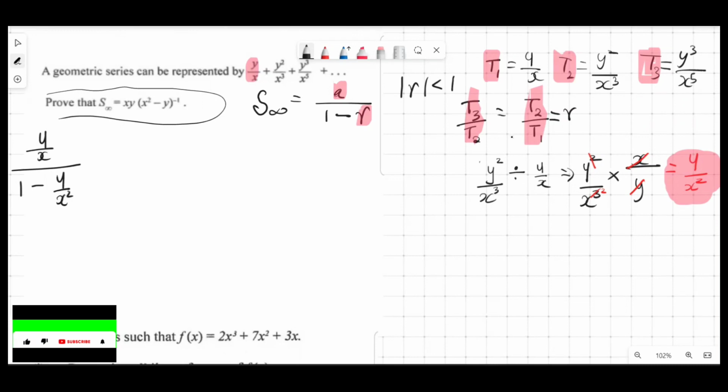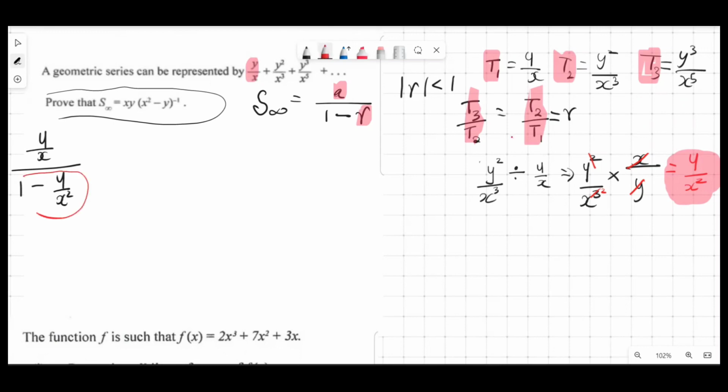So right there, this is our setup. This is going to set the tone for what we're going to do. From this, I would work out this part to give me a single fraction under there. I could focus on that part, and when we're done, we divide it by this piece.